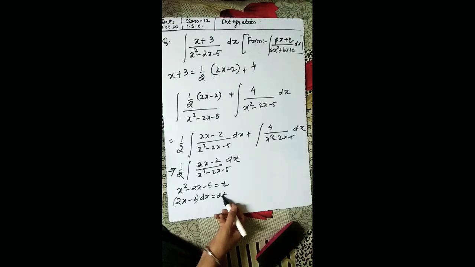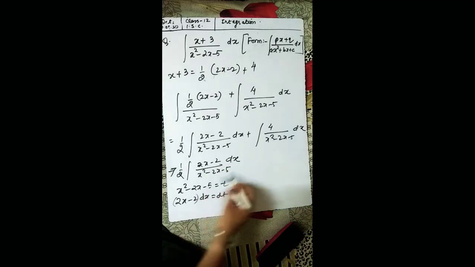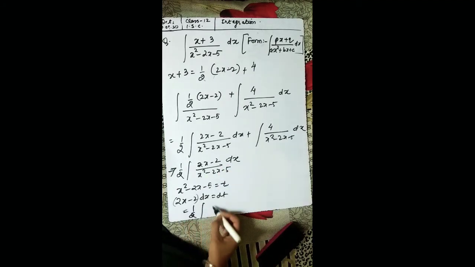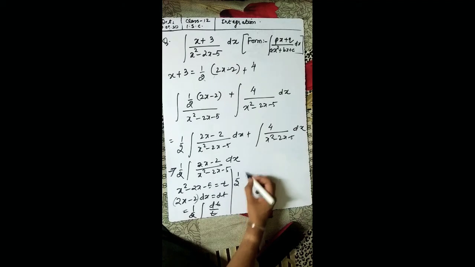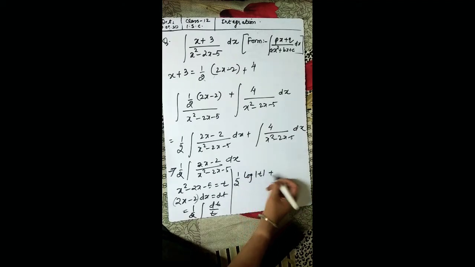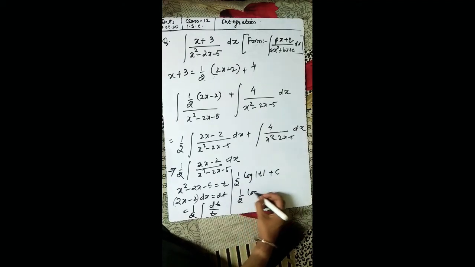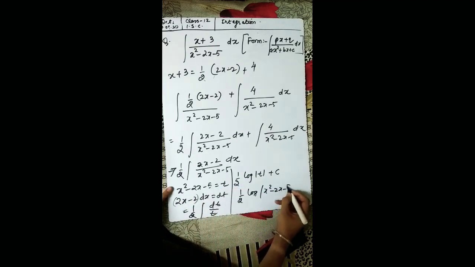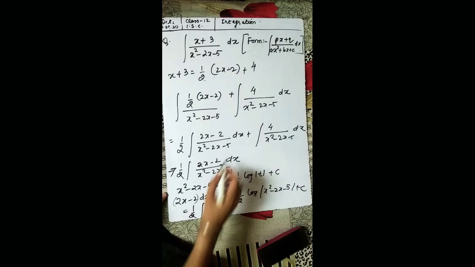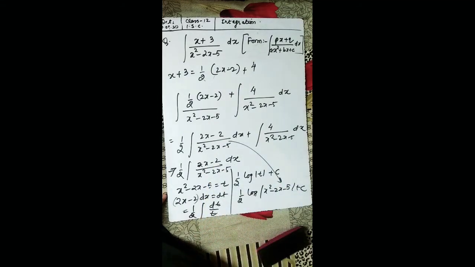Then in place of this denominator we can put t, so it will be dt upon t, and we know how to integrate this. The integration will be log t plus c. So 1 upon 2 log, in place of t you again put this. Hence the integration of this is this thing.